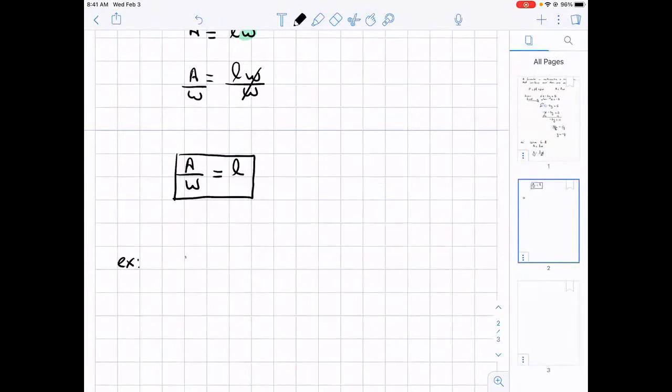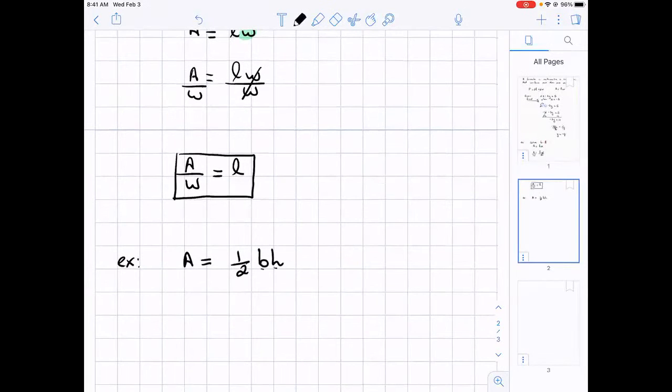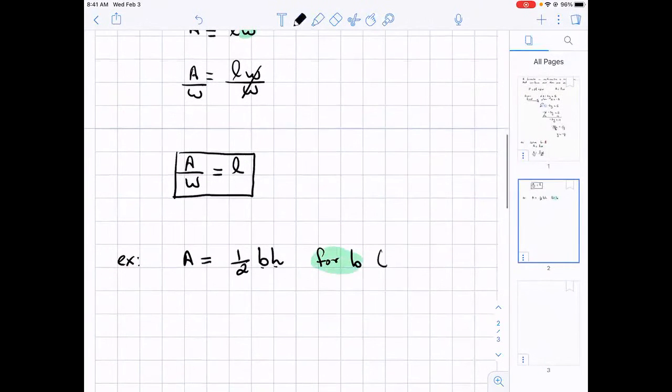How about if I give you A is equal to 1/2 BH? This is the formula for the area of a triangle: 1/2 the base times the height. Now, when we say for B, this indicates that you should solve for B. So this implies solve for B. That's what it means.